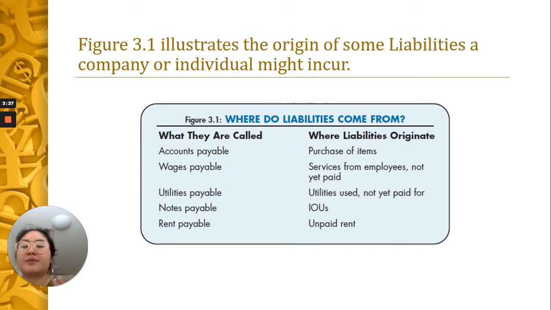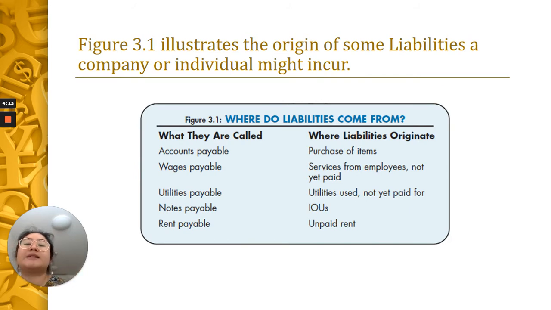Wages payable is where the liability originates from services by the employees, but the company has not paid yet. Utilities payable is where the liability originates from utilities used but the company has not yet paid for.